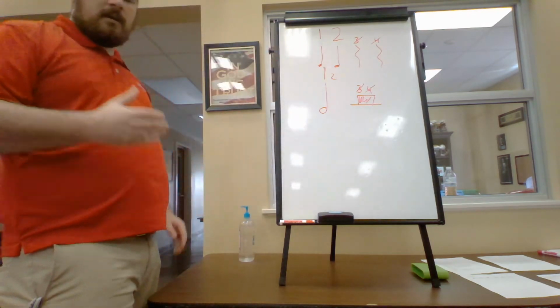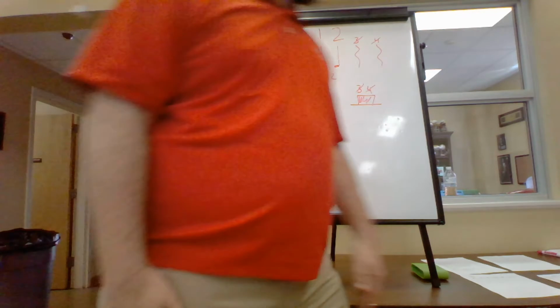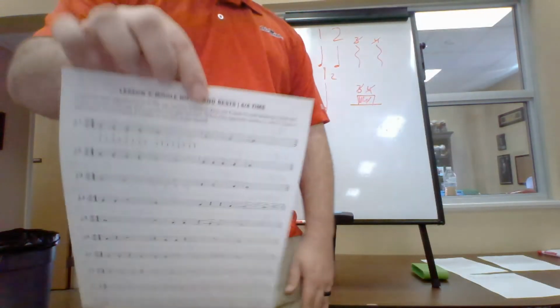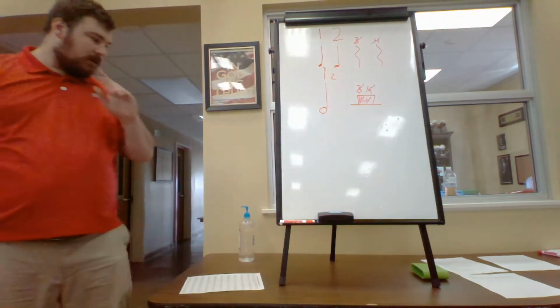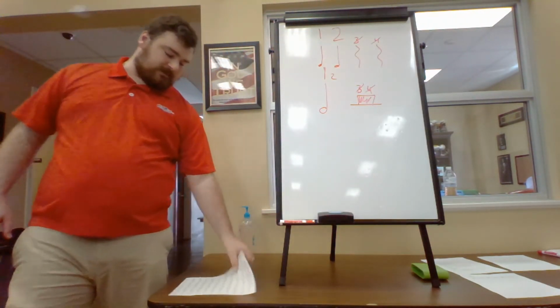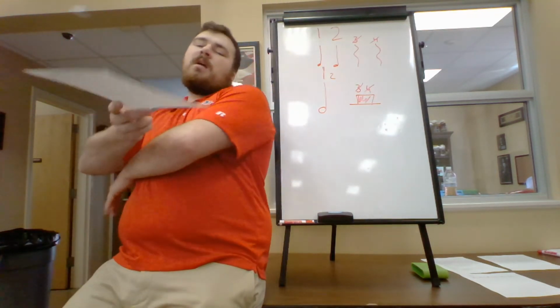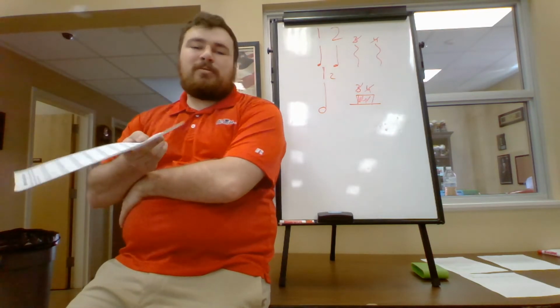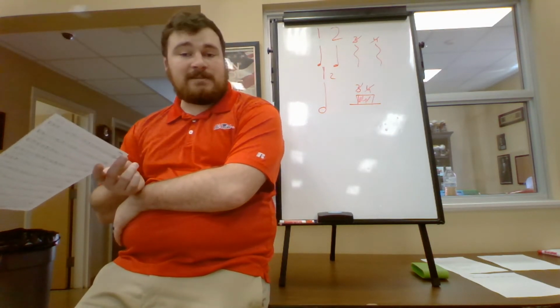Okay, now I need to get out lesson 3 and 4. That sheet for lesson 3 and 4 should look like this. Lesson 3, lesson 4. The main reason I'm getting you to do this, if you look at it, lesson 3 is about whole notes and rests. Again, whole notes don't pertain to a rhythmic percussion person as much.